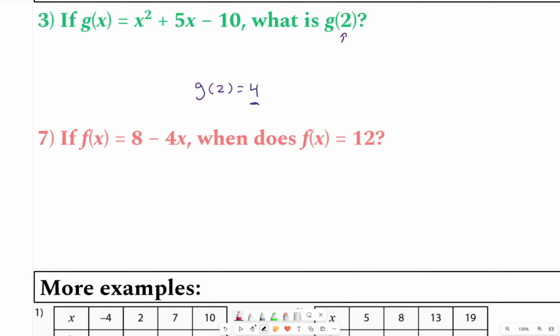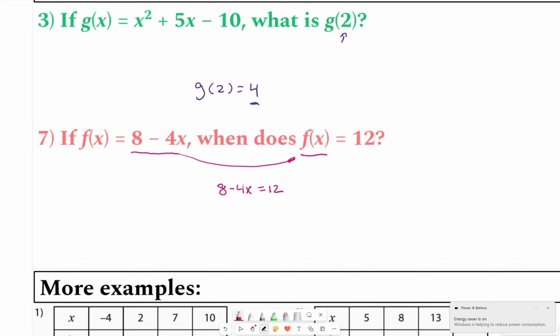So here's how it works. We notice that it says f of x equals 8 minus 4x, and we have an f of x right here, so I can replace that f of x with what the function equals. We get 8 minus 4x equals 12.